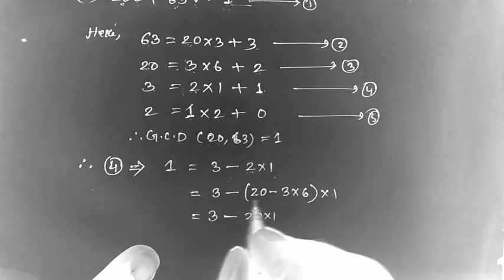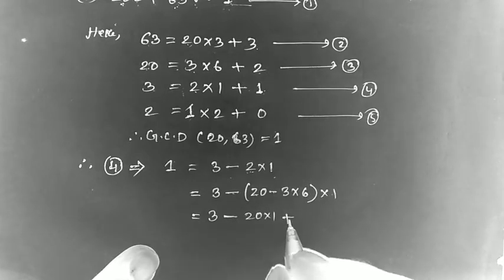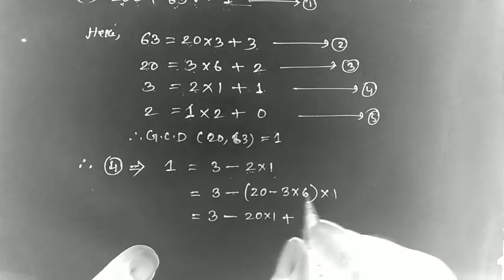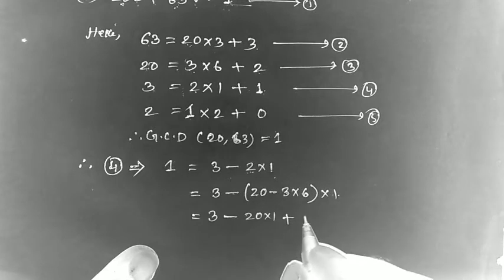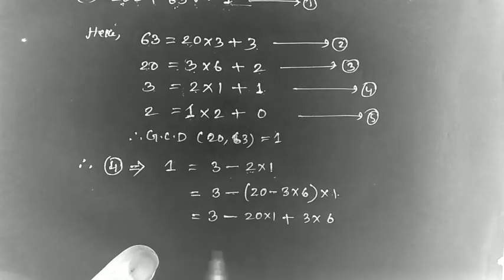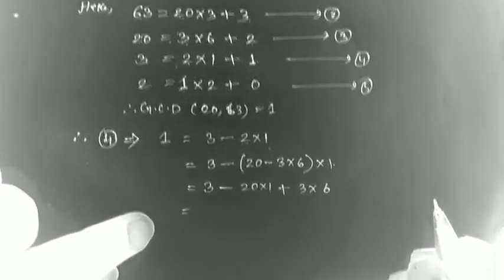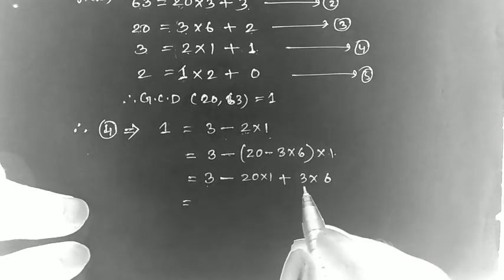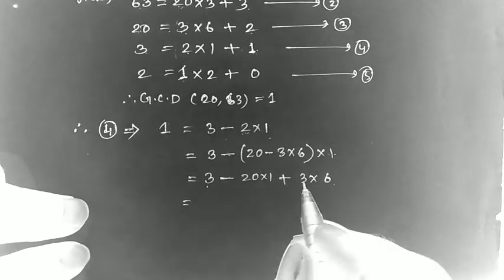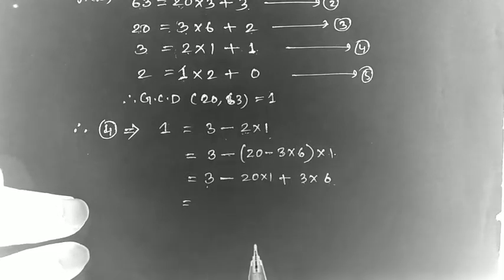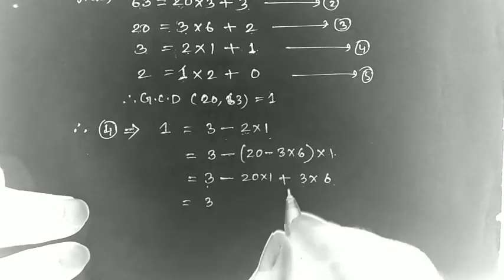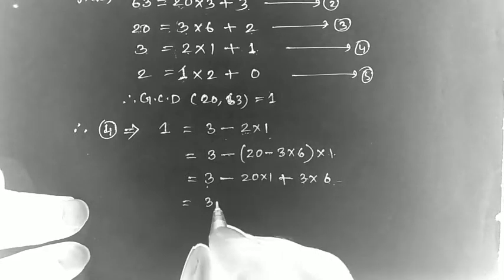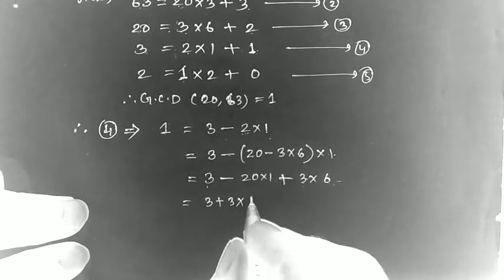Now we will put in the values until we get both the numbers 20 and 63 here, then we will simplify it. Neither 20 nor 63 is present yet, so we will substitute again. 3 minus, what is the value of 2? The value of 2 comes from equation 3.